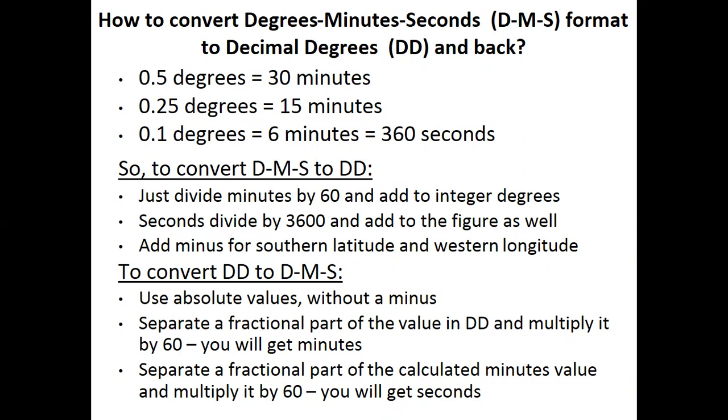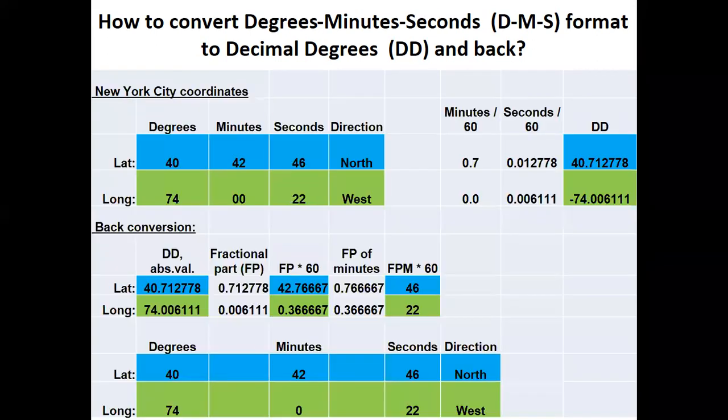And vice versa, you multiply the fractional part of the decimal degree by 60, you will get minutes, and the fractional part of minutes multiplied by 60 gives you seconds. Just do not forget to use absolute values without minus, otherwise you will get wrong calculations.